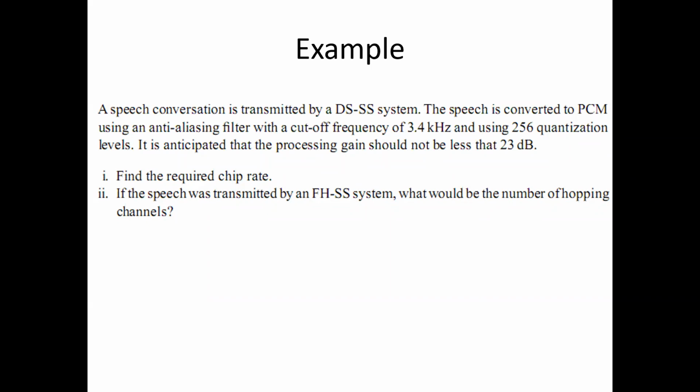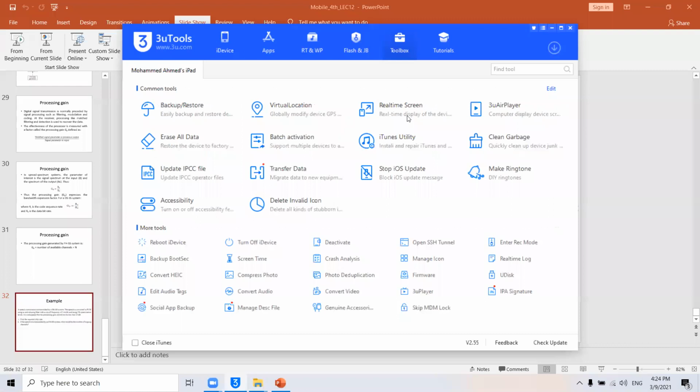So RC is missing. In branch B, if the speech was transmitted by a frequency hopping spread spectrum system, what would be the number of hopping channels? So in branch A, RC is missing, and in the second branch, capital N is missing. Let's go to the whiteboard to solve such a problem.